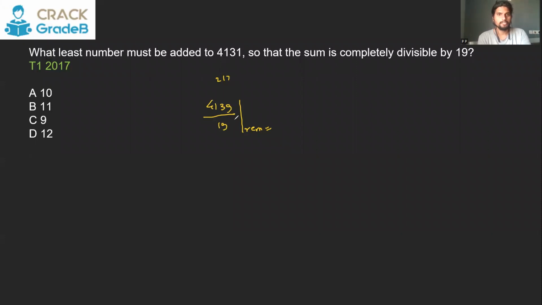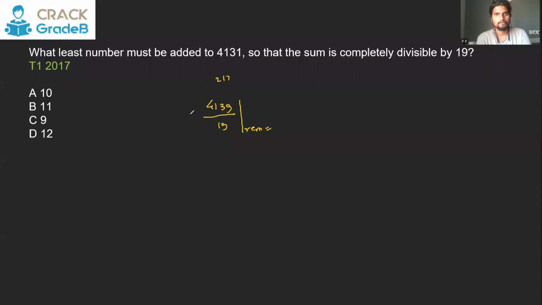So it is going to be 30... 2, 3. That means 16 is going to be removed. Had it been 4, 1, 2, 3, it would be totally divided. So extra is 16.